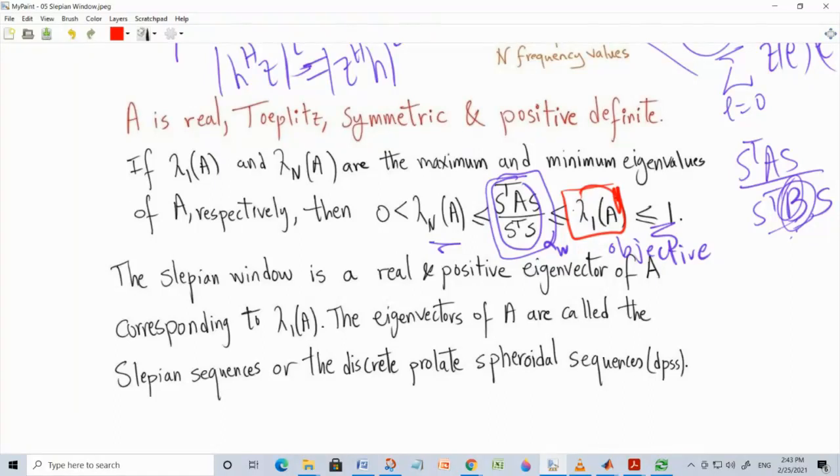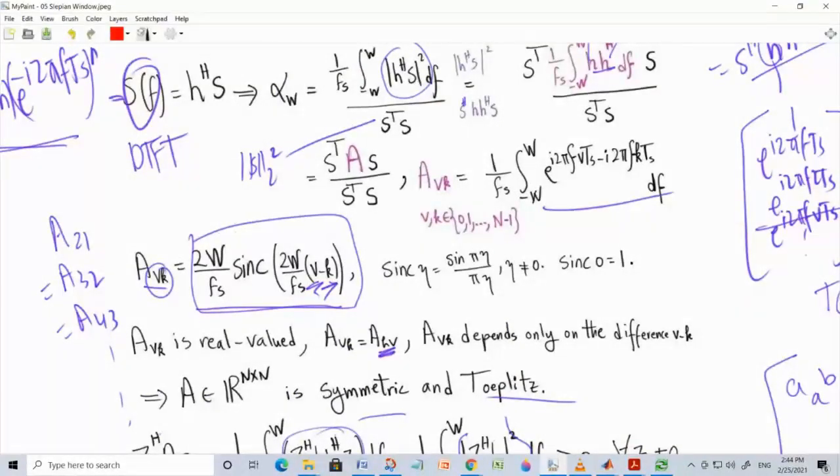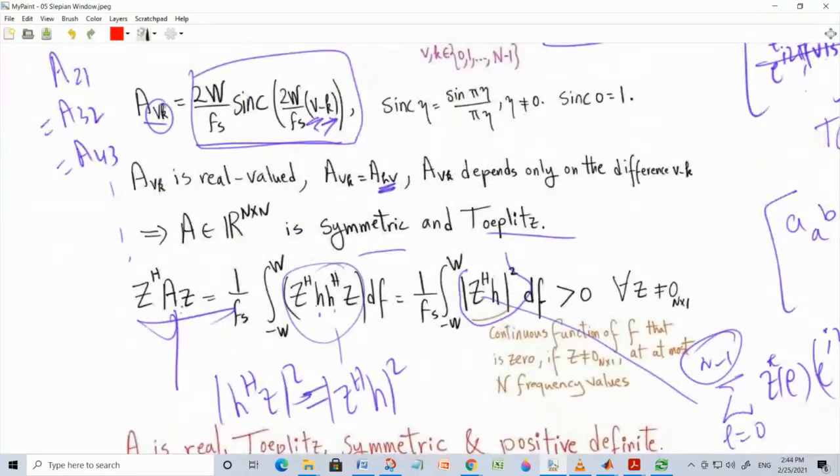That's the solution. So if you want to derive this optimal window, in which most of its energy is concentrated between minus W and W, where W is a given specified parameter, how do you get it? You construct your A matrix. These are the elements of A. You know Fs of your system, you know W, you know N. You construct the N by N matrix A, do eigendecomposition on A, and the eigenvector corresponding to the maximum eigenvalue, that's the Slepian window.